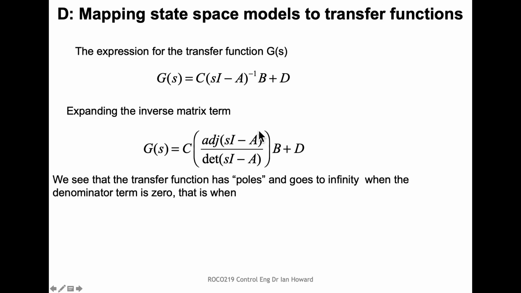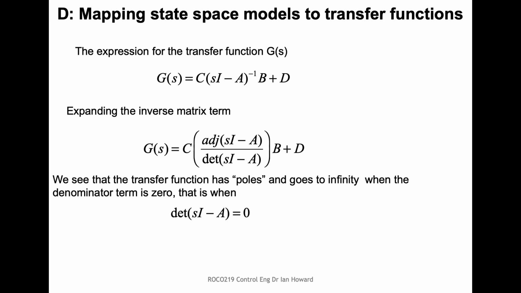And now we can look at this equation, and ask when do we have poles of transfer functions? Well, we have poles of transfer functions when the transfer function goes to infinity, if you recall, and we get infinity when we divide by 0. So we're going to get a pole when this denominator term goes to 0. So what this is saying is when the determinant of (sI minus A) goes to 0, then we've got a pole.